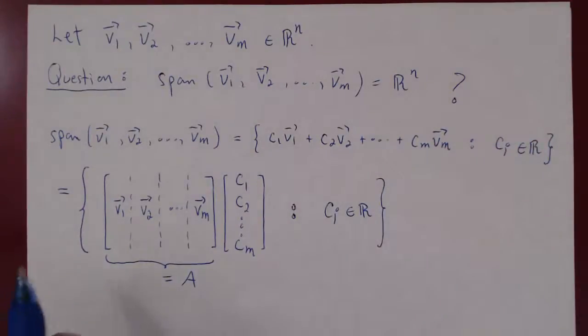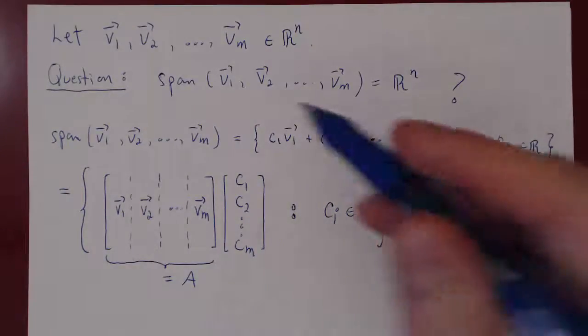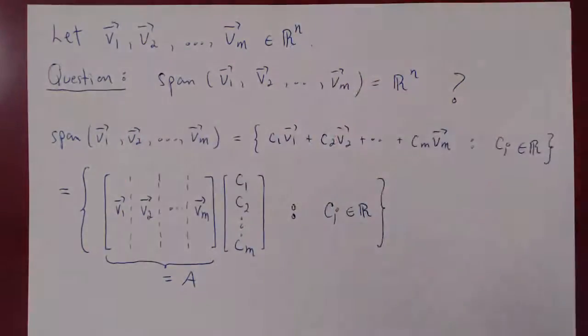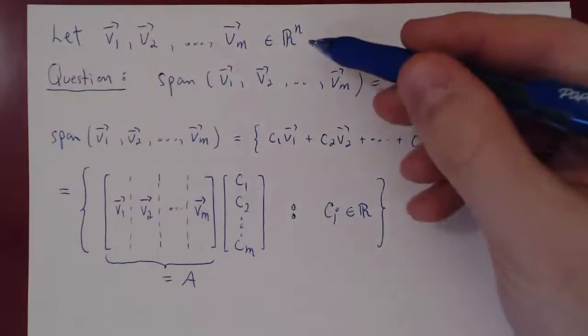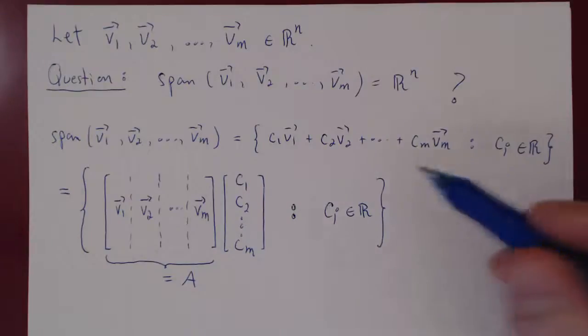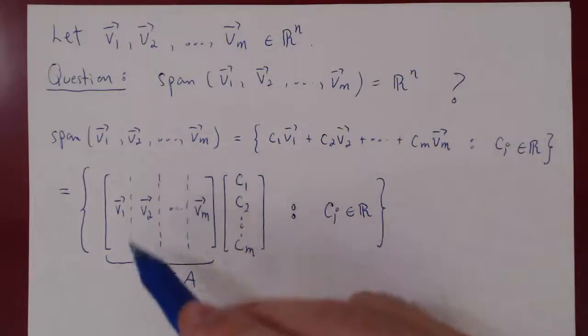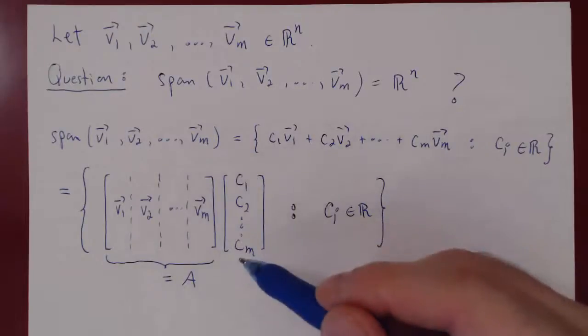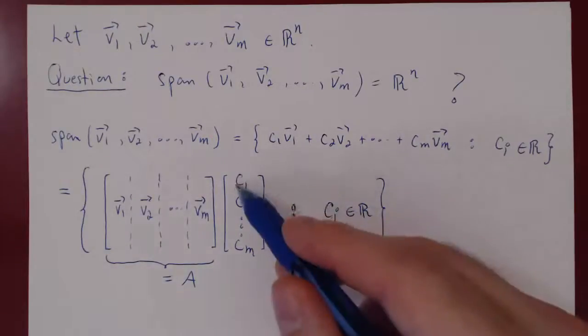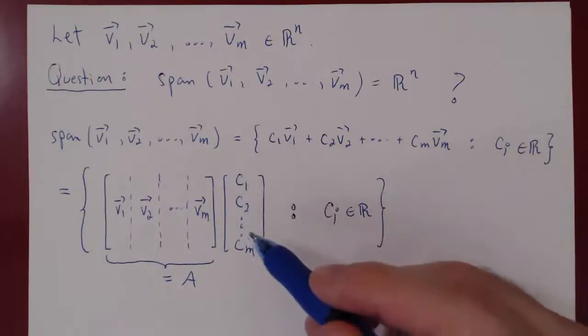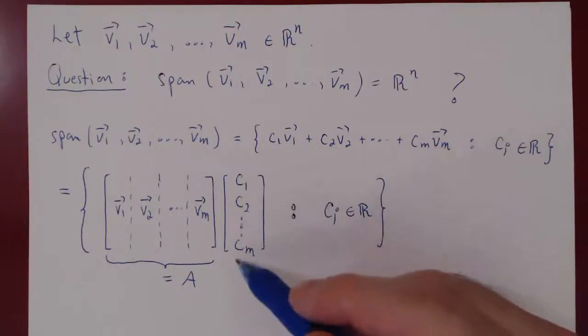Now, how could we write this much more compactly? Well, think of what we have here. These m vectors are fixed. We start with these m vectors with n components in Rn. They are fixed, and we're looking at all possible linear combinations of these vectors. So this matrix is fixed, but look at this vector now. c1 can range over all real numbers, same for c2 up to cm.